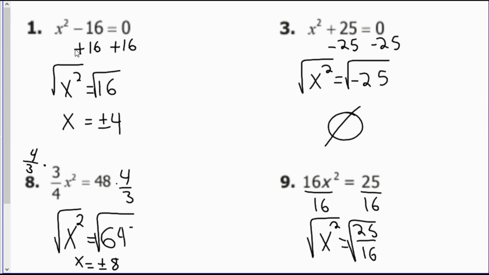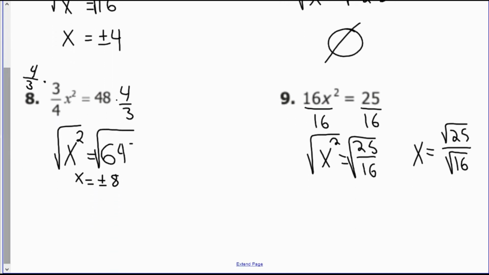So I can split up my square root of 25 over 16 as x is equal to the square root of 25 divided by the square root of 16. The square root of 25 is 5 and the square root of 16 is 4. And again, always remember, whenever I take the square root of something, I get a positive and a negative number. So for 9, we have x equals plus or minus 5/4.